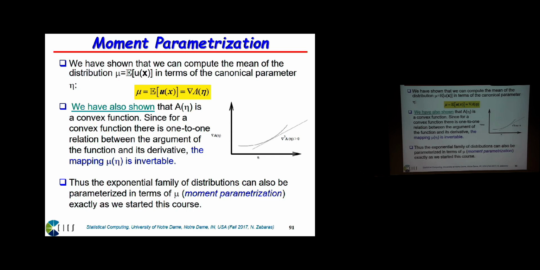You can go from the moment parametrization to this natural coordinate in a unique fashion, and we will actually take advantage of this in the context of some regression problems, maybe not today, but certainly as a starting point on the lecture on Wednesday. So this equation and the convexity of A implies, again, that mu uniquely defines eta and eta uniquely defines mu. And in the examples in the homework we are going to submit, you will actually show this for the different distributions.